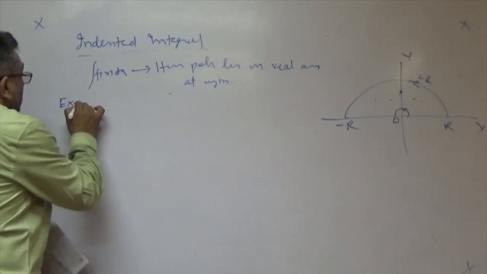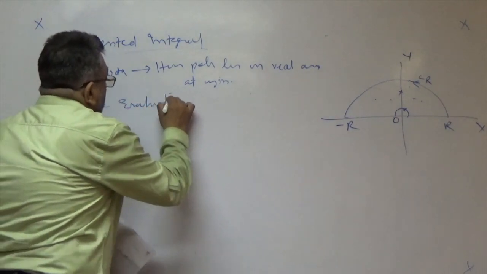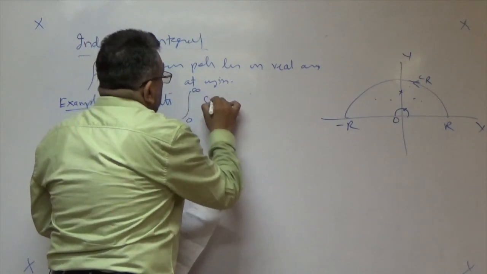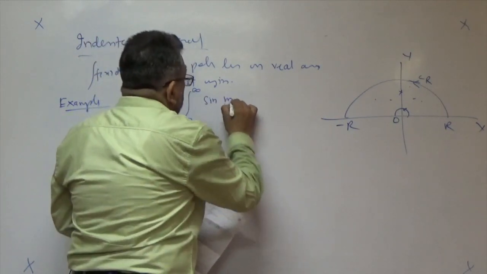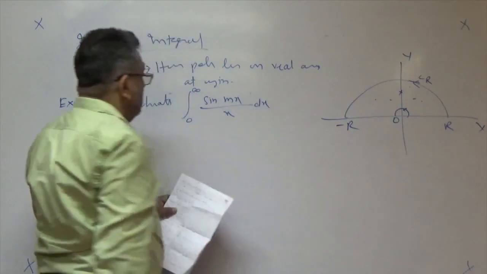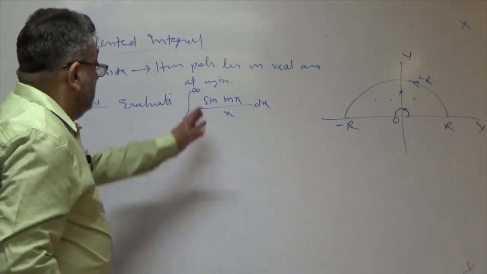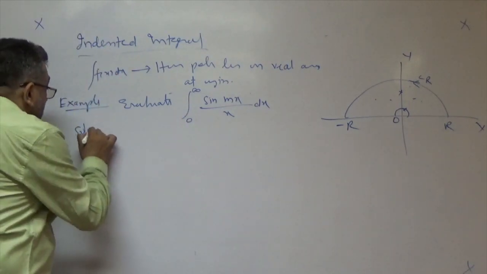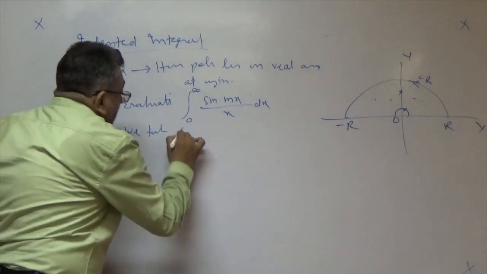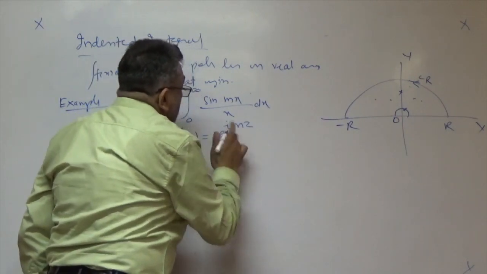What is the method? Suppose the question is: evaluate the integral from 0 to infinity of sin(mx) upon x dx. Suppose we have to solve this, right? Same concept here, sin(mx). So we take the function f(z) equal to naturally e^(imz) upon z.